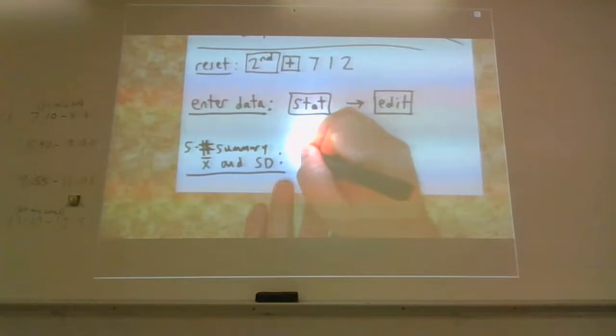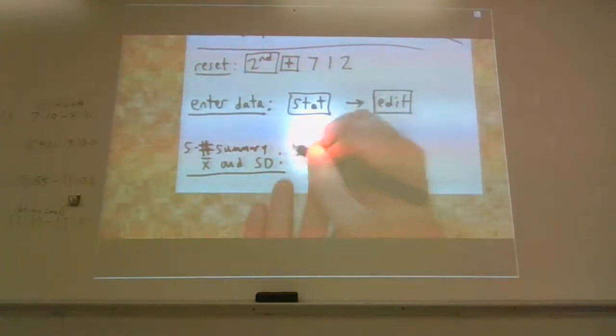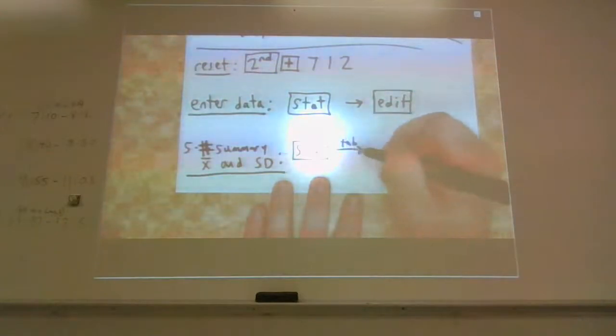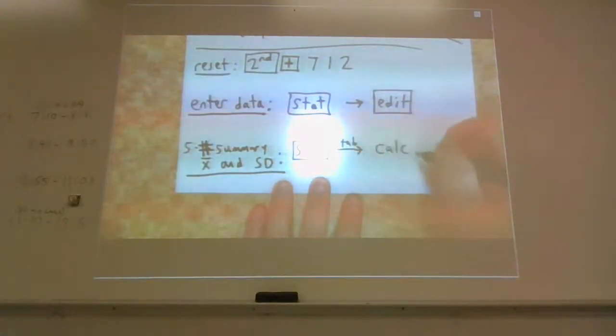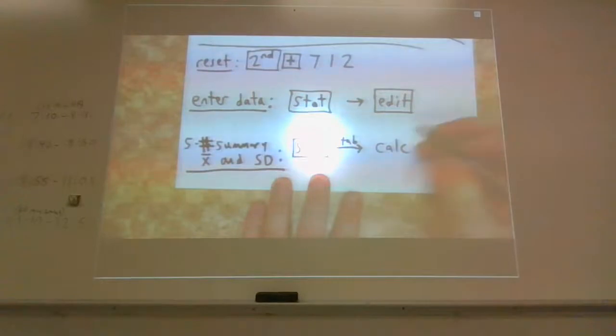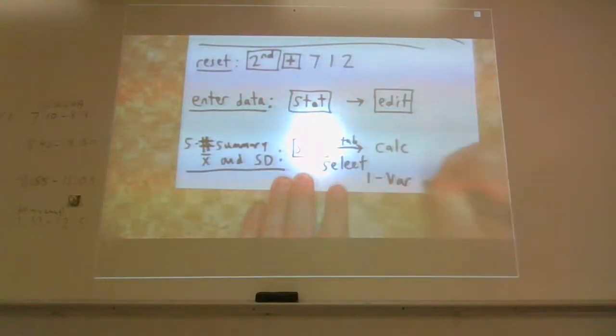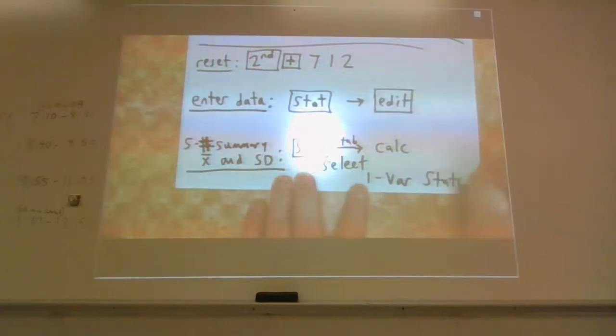After you've entered your data, you hit stat. You tab over to calc, and you select 1-var stats.